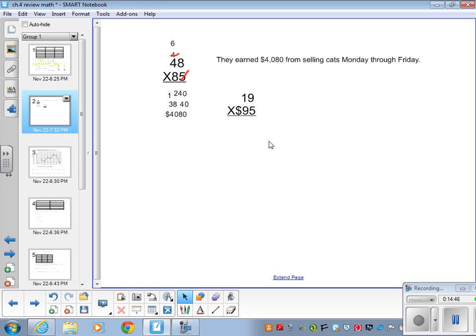Five times 9 is 45. 5, carry 4. 5 times 1 is 5, plus 4 more is 9. Excellent job. I place what underneath this 5? Yes, a 0.